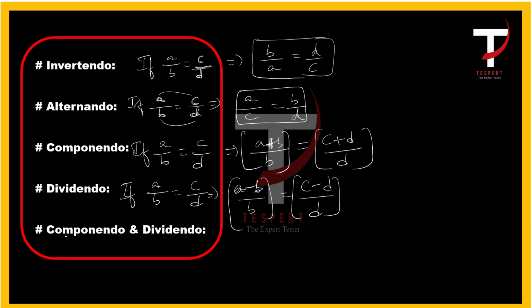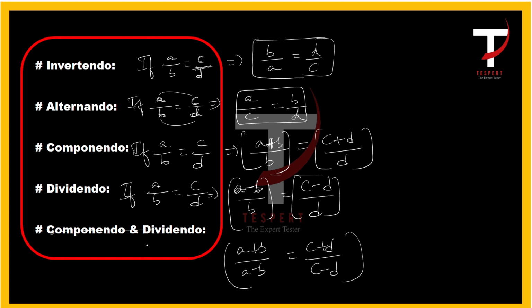So what about componendo and dividendo? That means we are dividing these two. So the final value becomes a plus b by a minus b, which is equal to c plus d by c minus d. So how did we arrive at this?